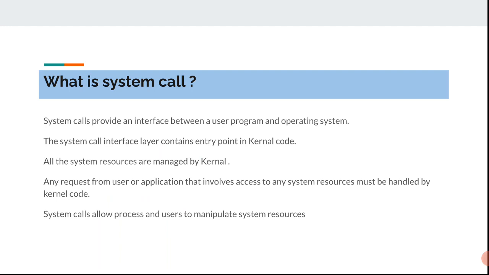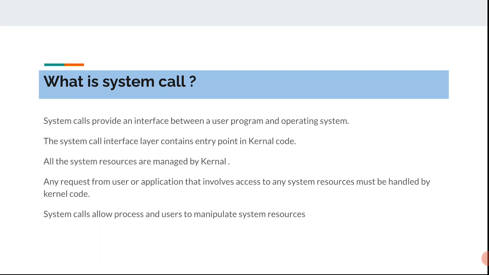The system call interface layer contains the entry point in kernel mode. The kernel is the nucleus of the operating system. In a system call, the interface layer contains the entry point in kernel mode. It is the entry to process, file, and memory management in the kernel code. All the system resources are managed by the kernel.